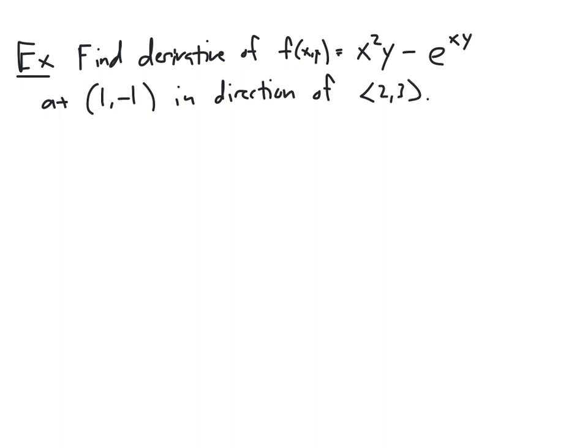To solve this problem, we need to find a unit vector in the given direction, find the gradient vector of our function at our point, and then take the dot product of those two vectors.